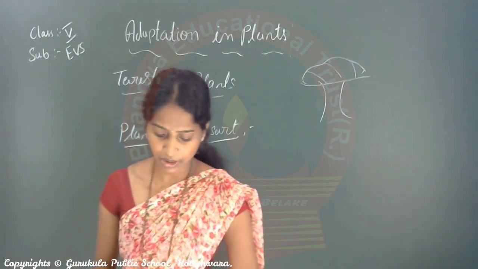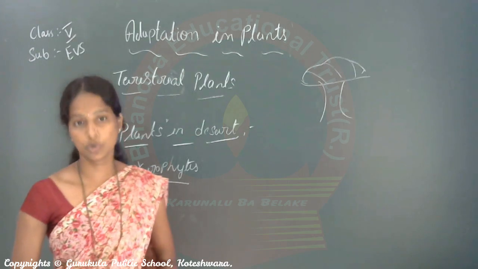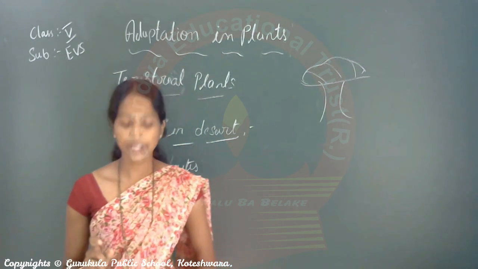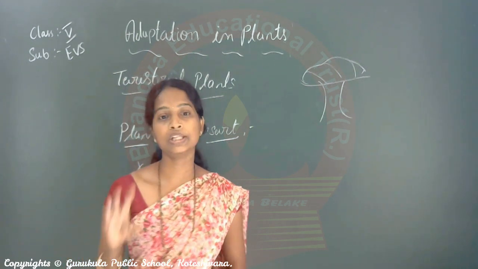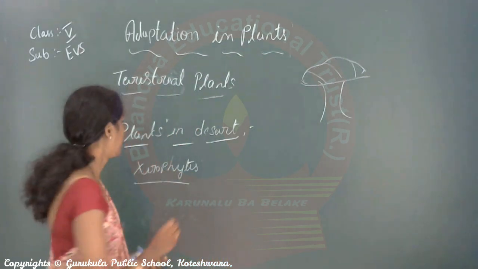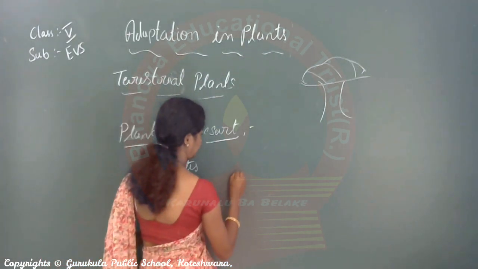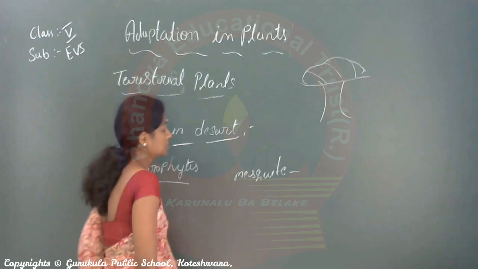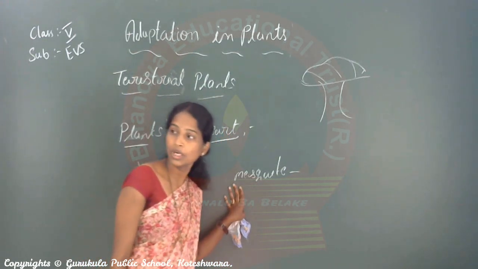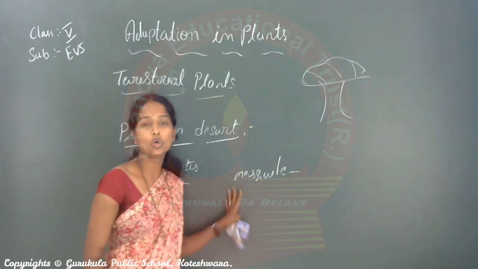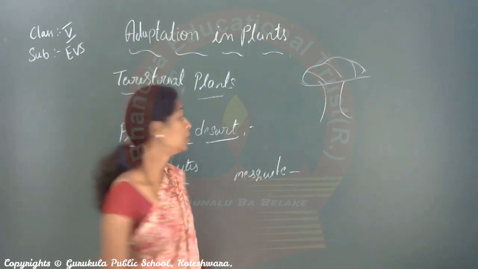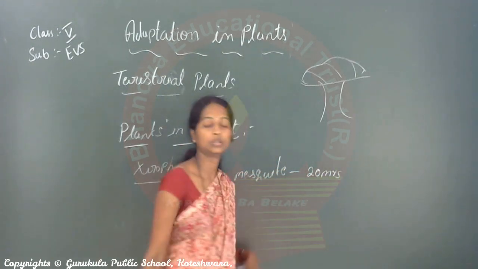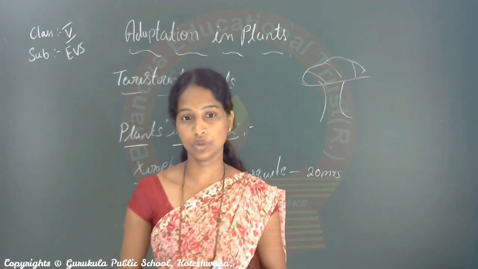For example, children, the roots of the mesquite bush can grow 20 meters down to reach the water.